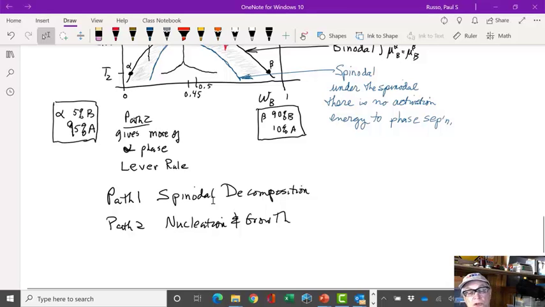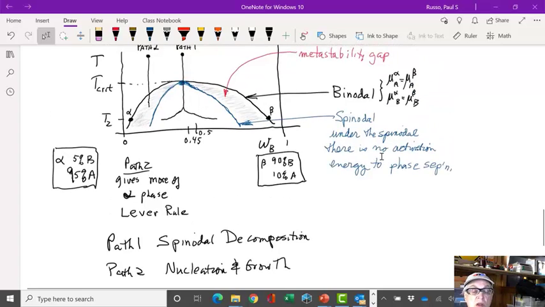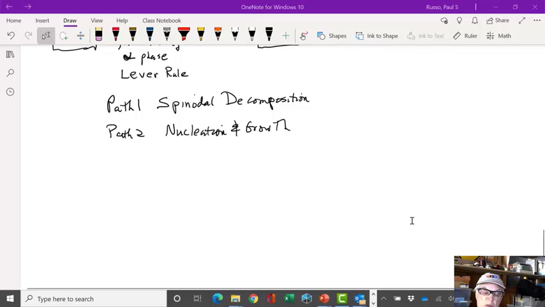And these are different looking structures, totally different looking structures. Which wouldn't matter at equilibrium, the situation is the same. I have some of the alpha phase and some of the beta phase. The key thing here is that you don't always get equilibrium. That's the key thing. If you go through path 2, nucleation and growth, you tend to get structures that look like this.